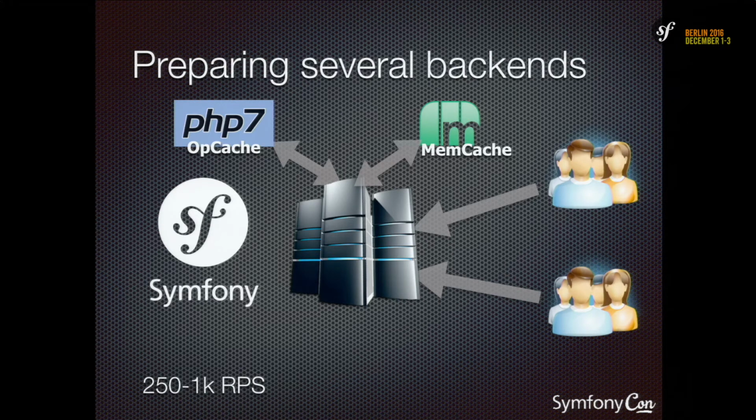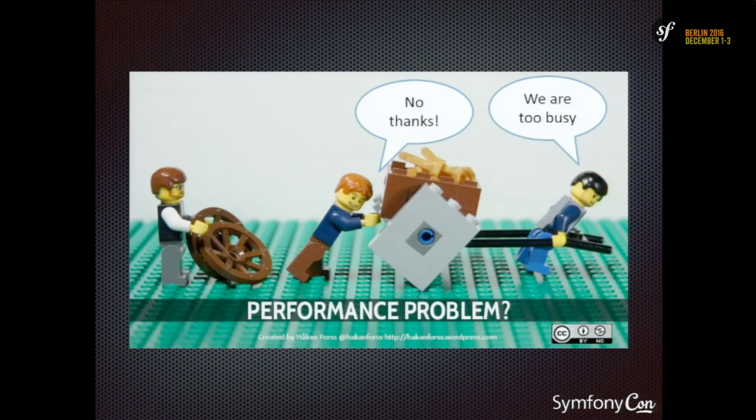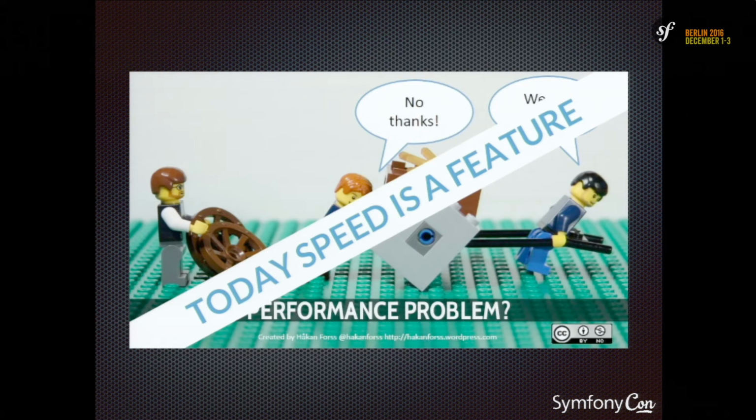The reason here is very simple: Symfony is slow, PHP is slow, our backend is slow. But is it possible to achieve a higher hit rate, more requests per second? Is it a performance problem that we cannot handle 1,000 requests per second? I think yes, because nowadays speed is a feature. When we serve our content faster, we can earn more visitors, we can index our site better, and we can attract additional visitors.